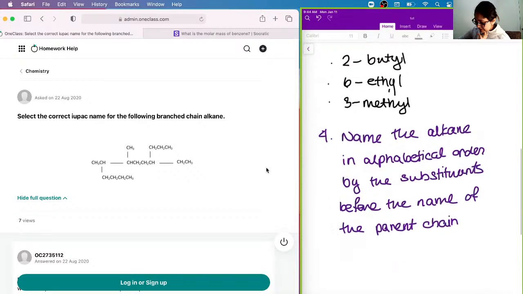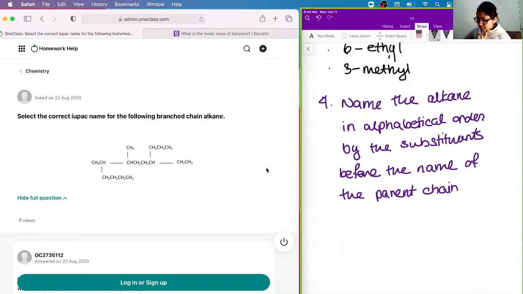So lastly, we would just name our alkane following the alphabetical order of our substituents. The first one will be 2-butyl, followed by 6-ethyl, and then 3-methyl.